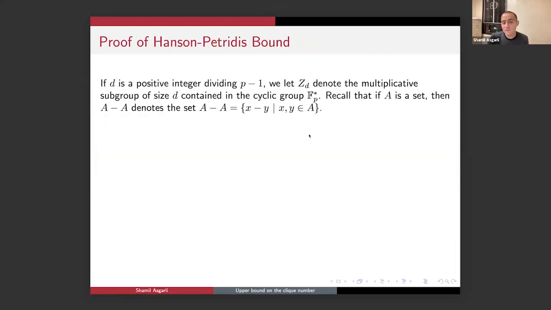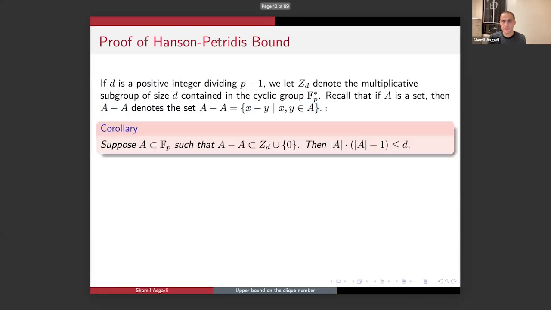In fact, we're going to prove something more general. So let's say that d is a positive integer divisor of p minus 1, and Z_d denotes the multiplicative subgroup of size d that is contained in the cyclic group F_p star. Now recall that if A is a set, then A minus A denotes the set of all differences x minus y, where x and y are both in A. And here's a corollary.